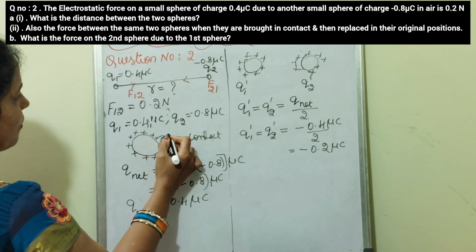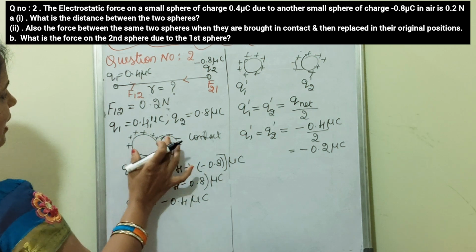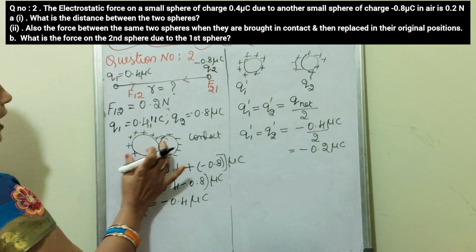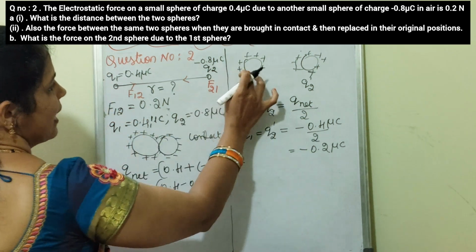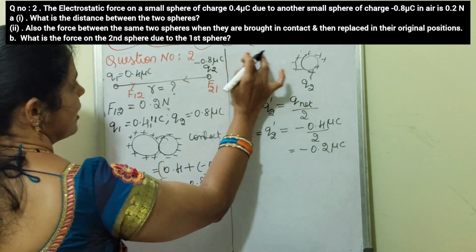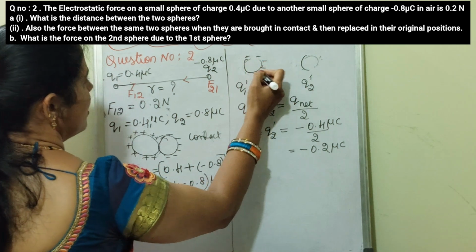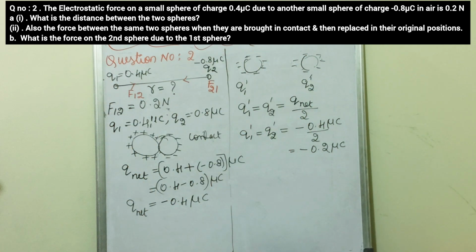So when two come in contact, the total charges are shared among the two spheres, and now both will be having negative charge. The diagram is not required, I have simply drawn it. So both the spheres are having negative charges, minus 0.2 microcoulomb.